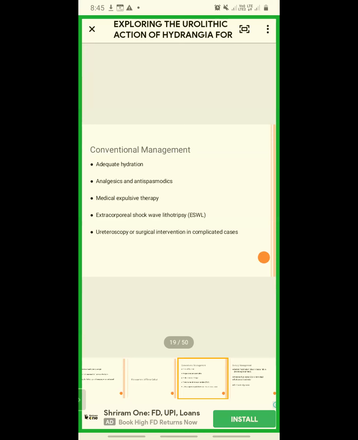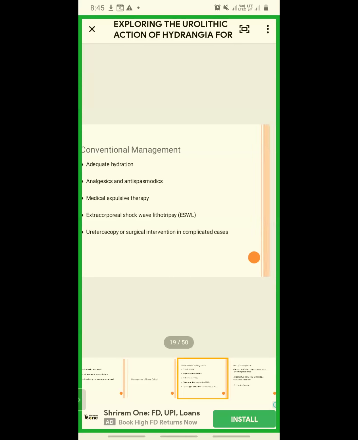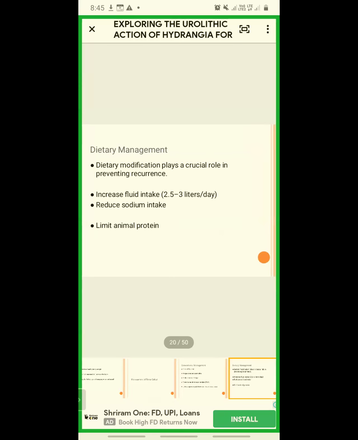So conventional methods include adequate hydration, analgesic and antispasmodic medicine, along with medical expulsive therapy and ESWL, along with ureteroscopy or surgical intervention. Then dietary management includes increased fluid intake, reduced sodium, limiting animal protein, and limiting food items which contain increased calcium content, mainly spinach, nuts, and tea.